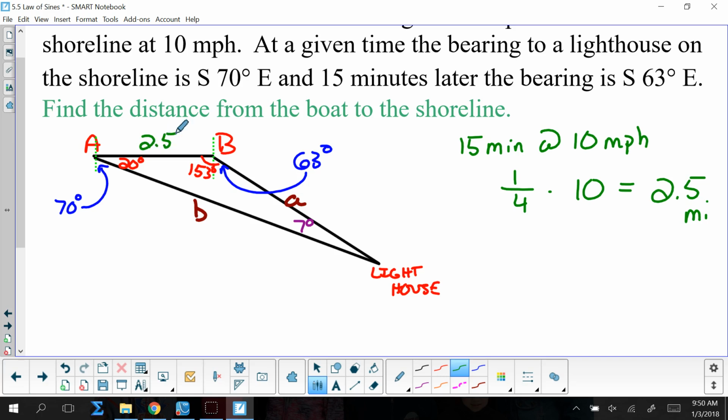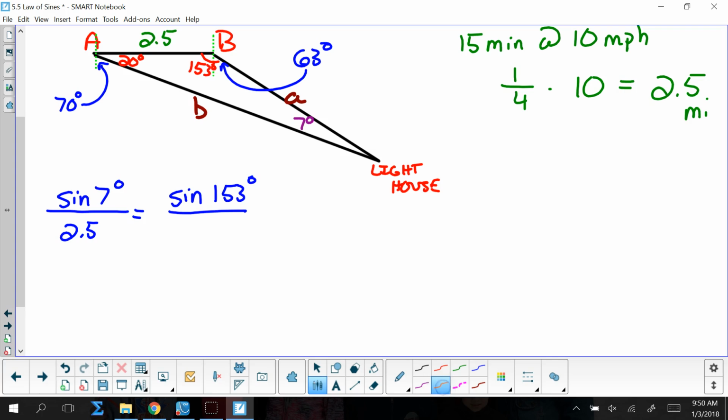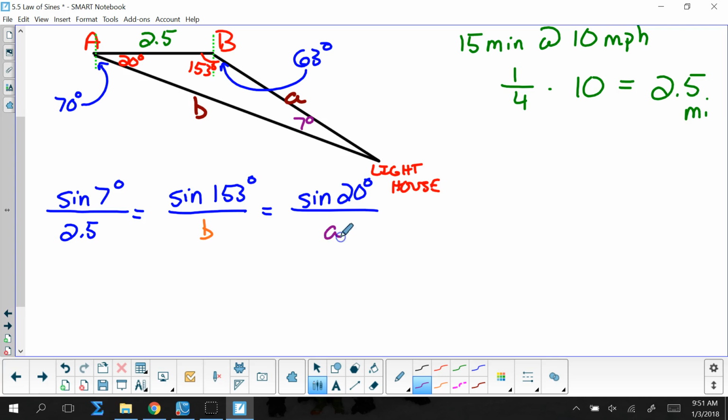Now I can use the law of sines. So the sine of 7 degrees over 2.5 is going to equal the sine of 153 degrees over B, which is going to equal the sine of 20 degrees over A. Okay?